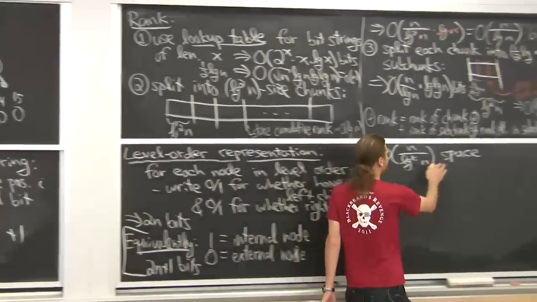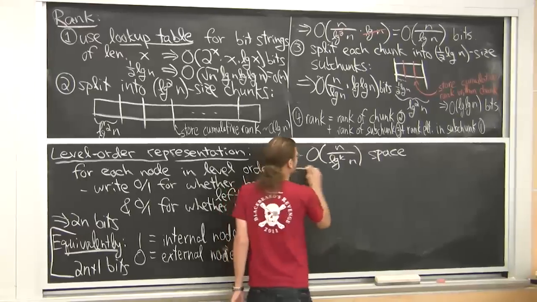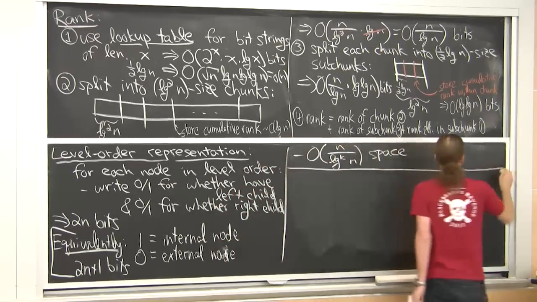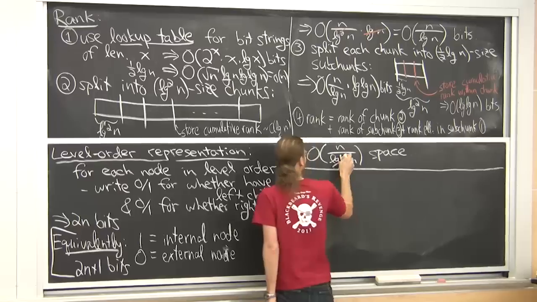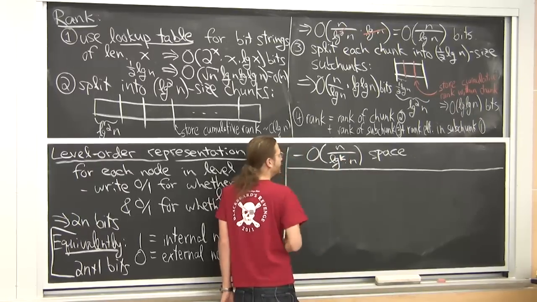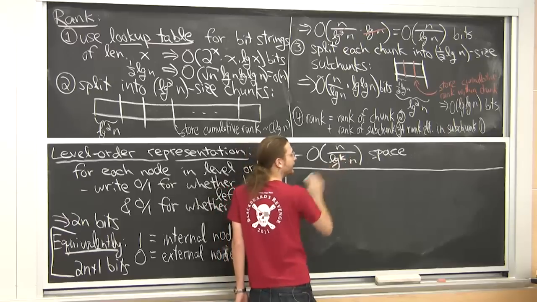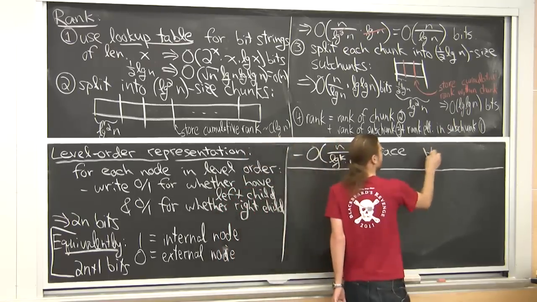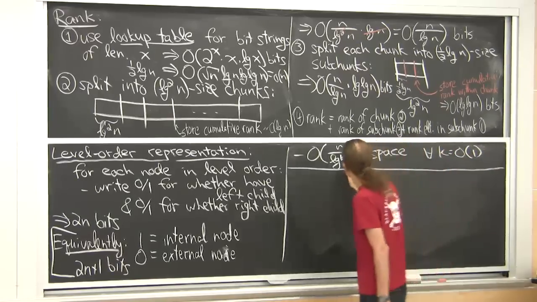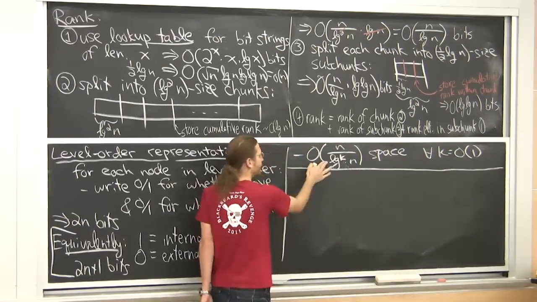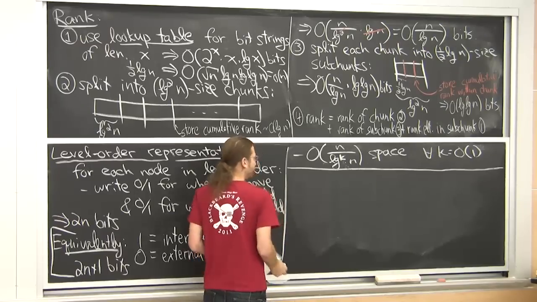This is a result of Patrascu from 2008. I'm not going to go into how it's done. It would be nice to do better, like square root of n or something, but my guess is there's a matching lower bound. I don't think that's known.